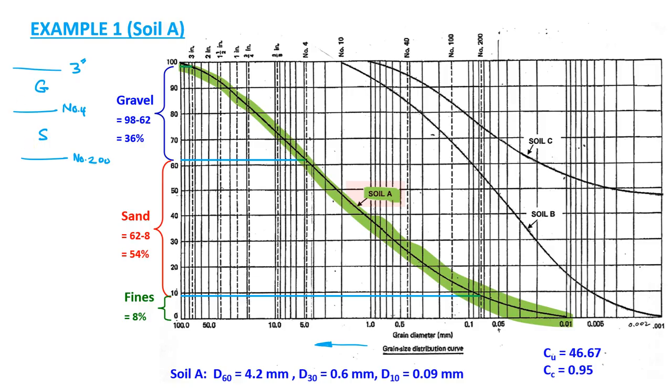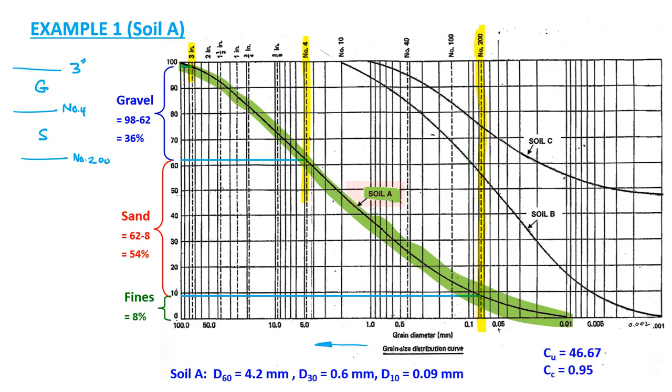This is our 3-inch sieve, and here is written number 4. I'm highlighting it with a yellow line. And this is number 200.